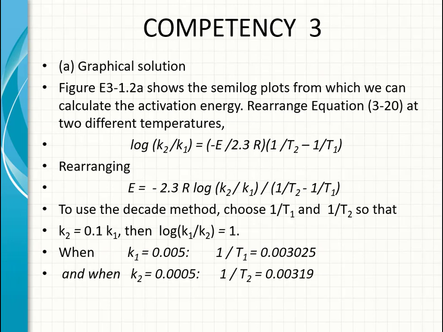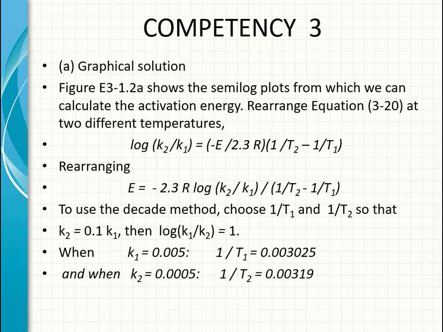From here, we will have that E capital, the activation energy, is equal to minus 2.3 R log of k2 divided by k1, all that divided by 1 divided by T2 minus 1 divided by T1.